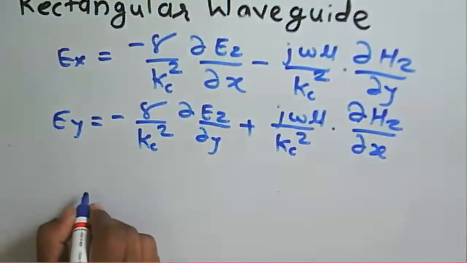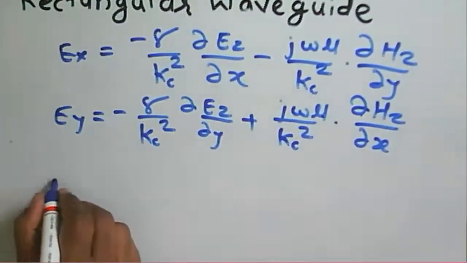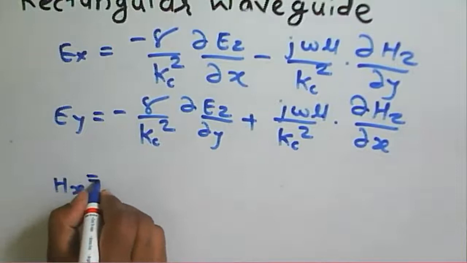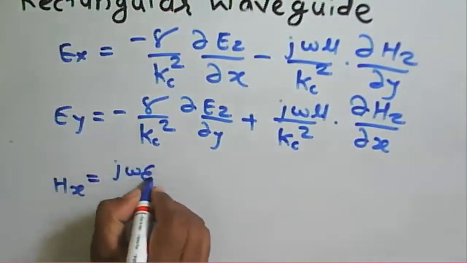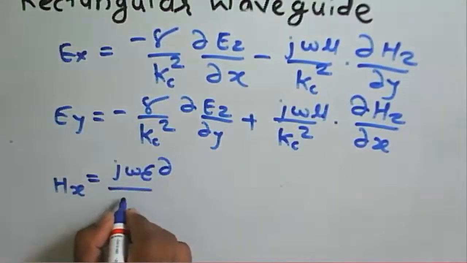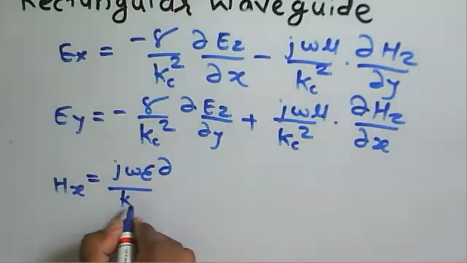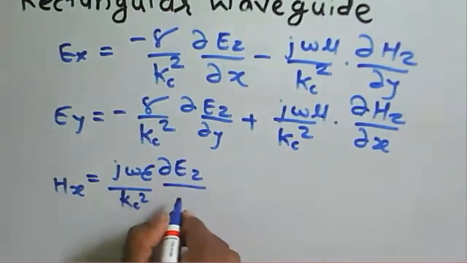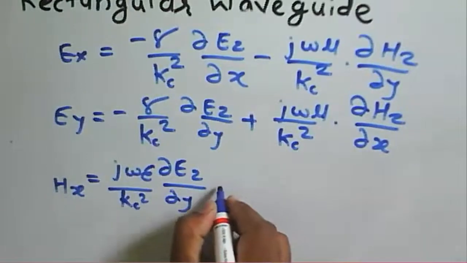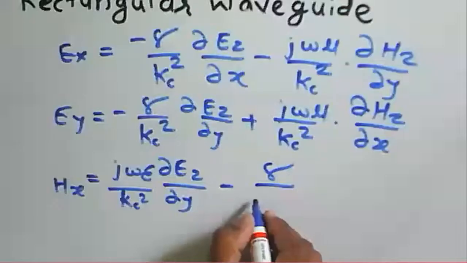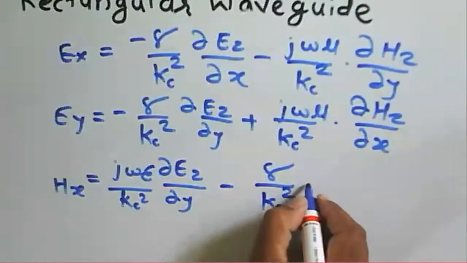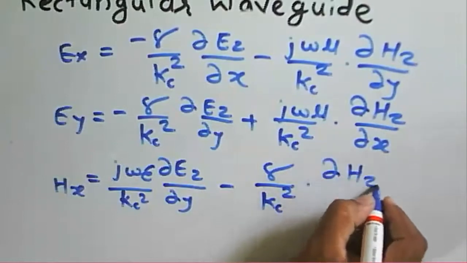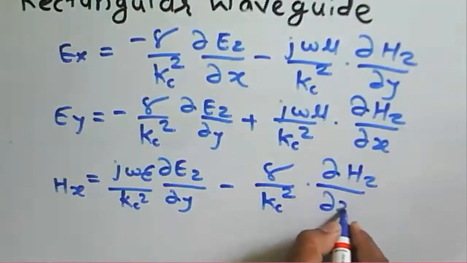Then the Hx component: j omega epsilon over kc square into dou Ez by dou y minus gamma over kc square into dou Hz by dou x.